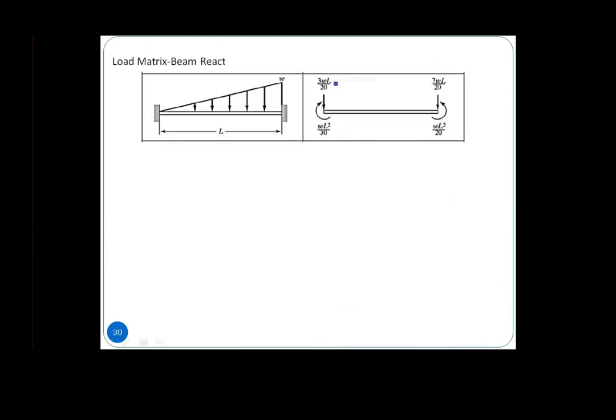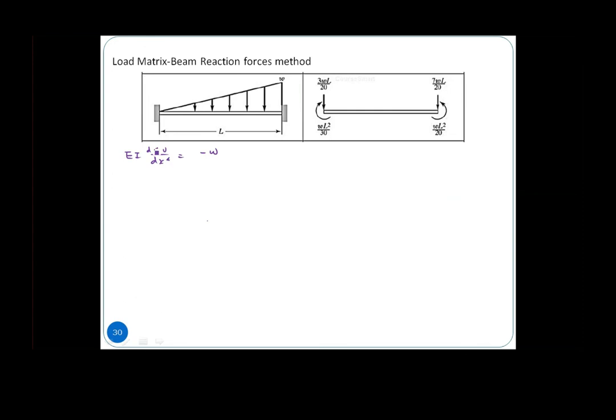for this particular case. So again, looking into this equivalent triangular load, then instead of W, just now we have EI d^4v/dx^4 equals to W, right?